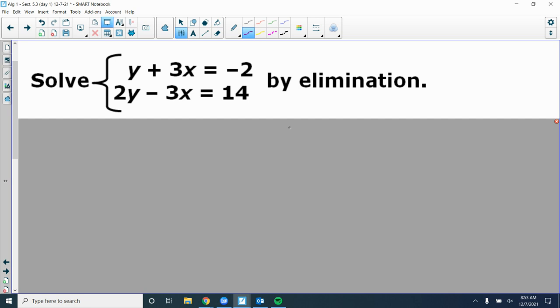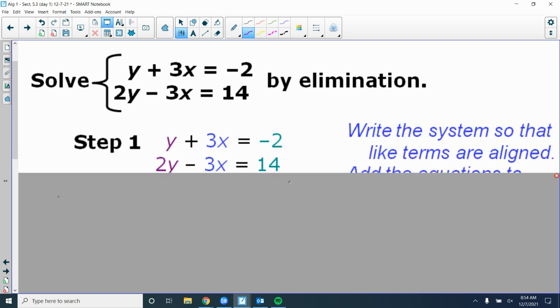Okay, and then what else? 0x. And then negative 2 plus 14 would give you positive 12.